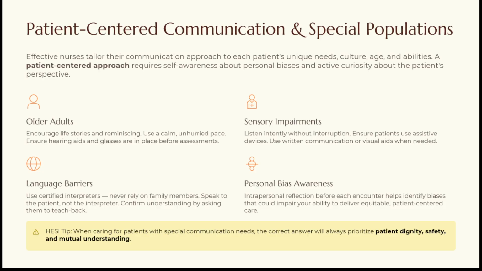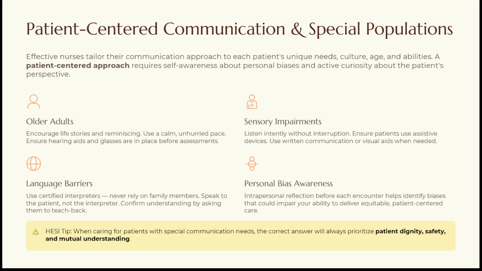Now, looking first at communication with older adults. When we're speaking with older adults, we should use a calm pace, clear communication, patience, and active listening. Older adults may need extra time to process information. We should have reduced distractions.